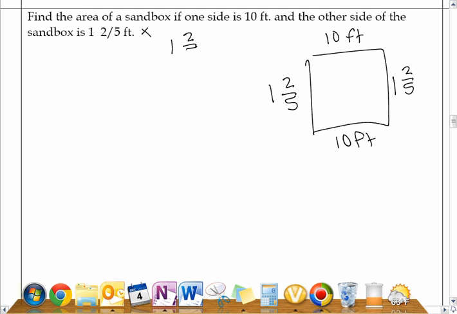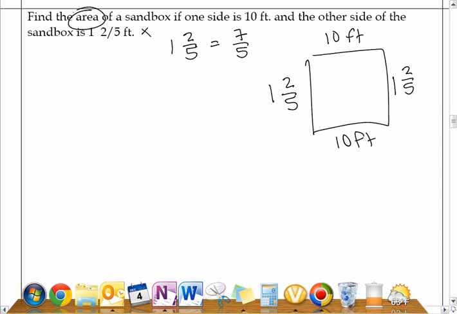So 1 2/5 turned into an improper fraction is going to be 7/5, because 1 times 5 is 5 and 5 plus 2 is 7, and then over the same denominator. It's asking for the area here, and the area equals length times width.